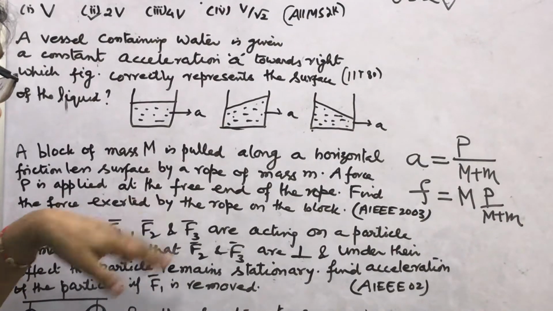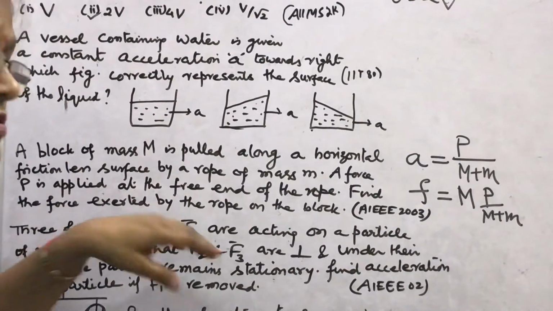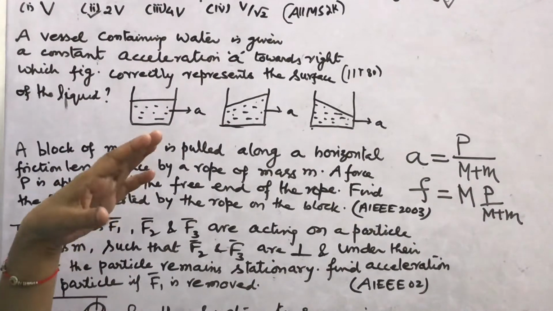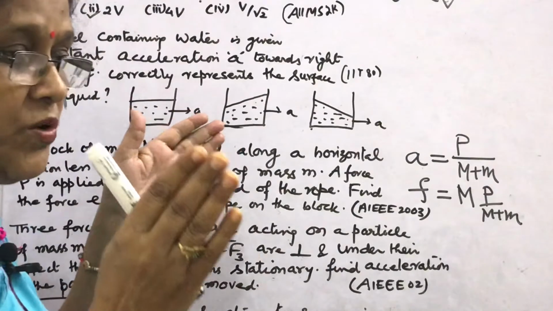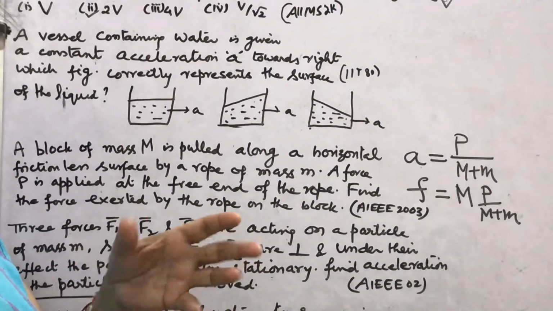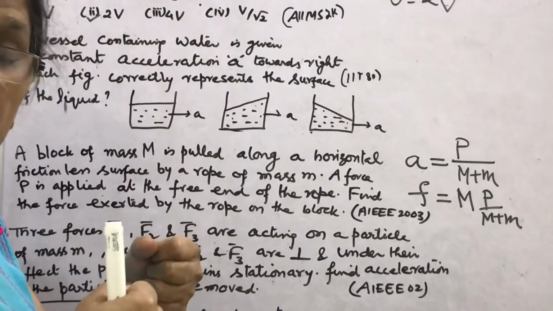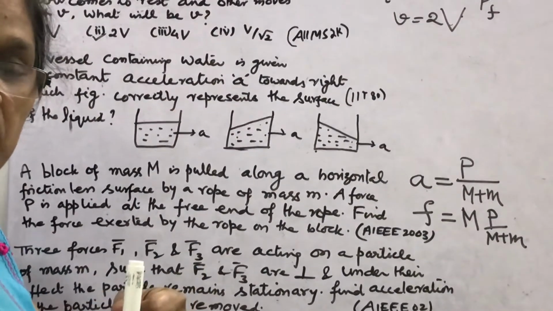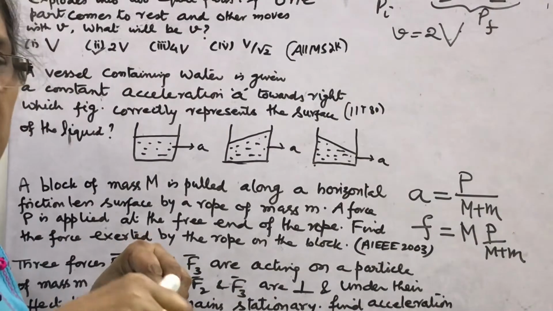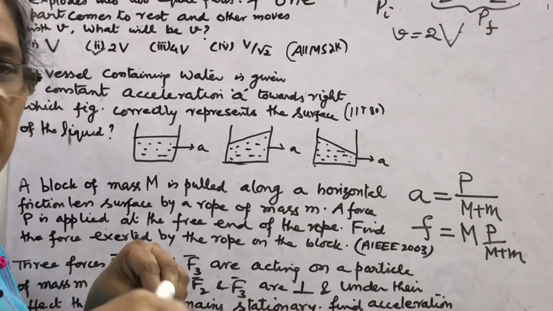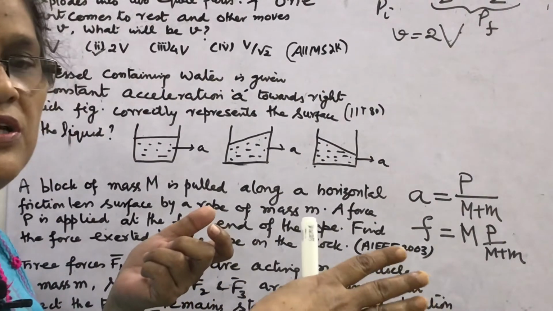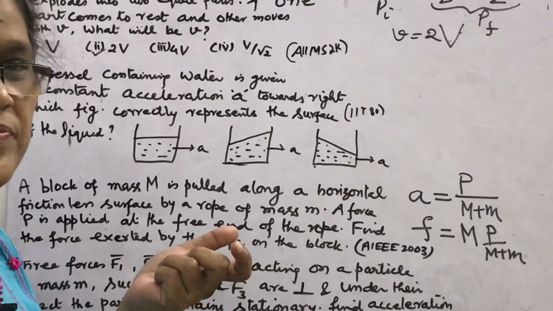Look, on which principle is this question based? Equilibrium of forces. We have seen that if two or more forces act on a body and the net force is balanced, the body at the point at which they are acting remains either in uniform motion or stationary.